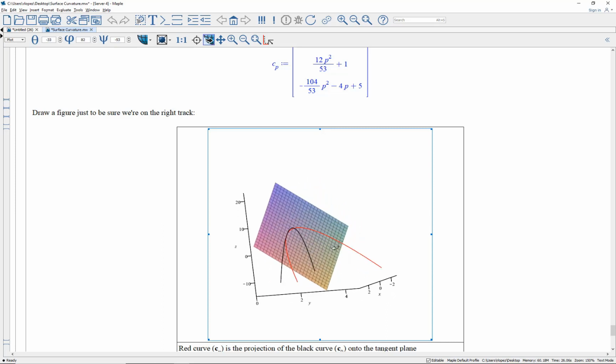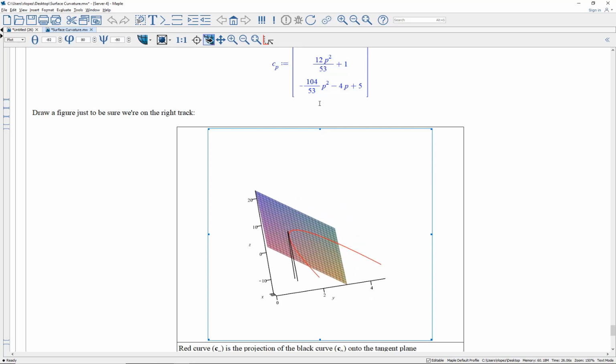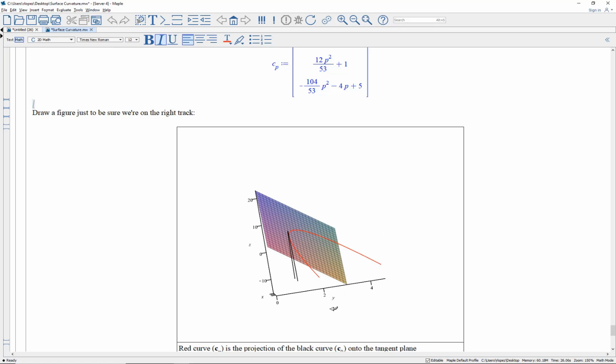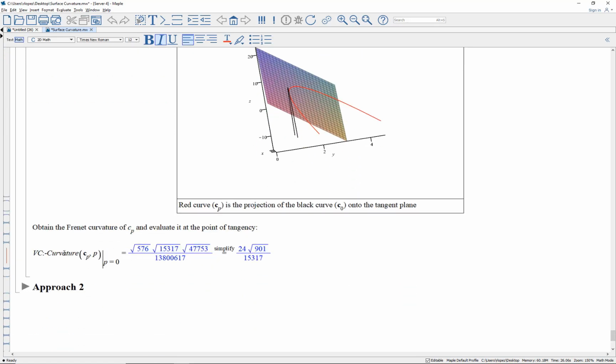So yes, the red curve, CP, appears to be the projection into the tangent plane. All I do is compute the Frenet curvature of that red curve, CP, and I get this number. But until I can verify that somehow, it's just a number.